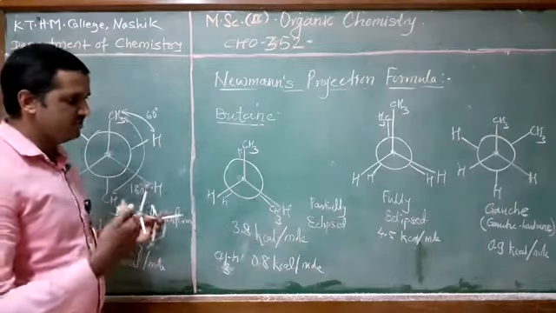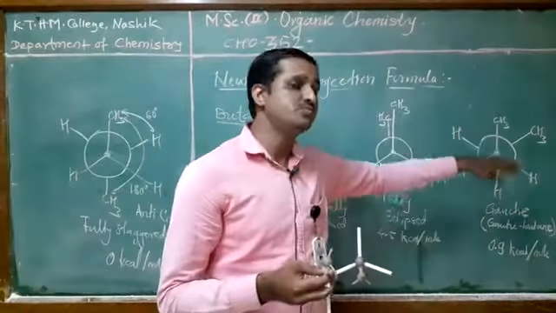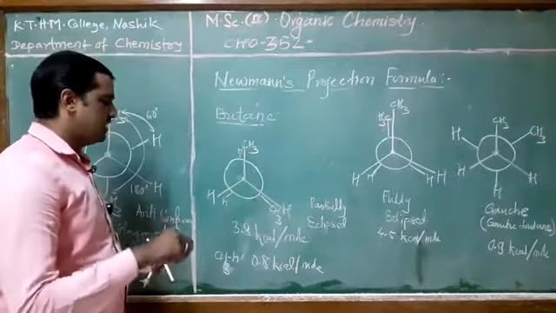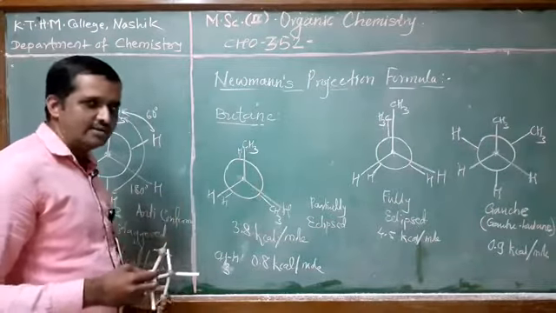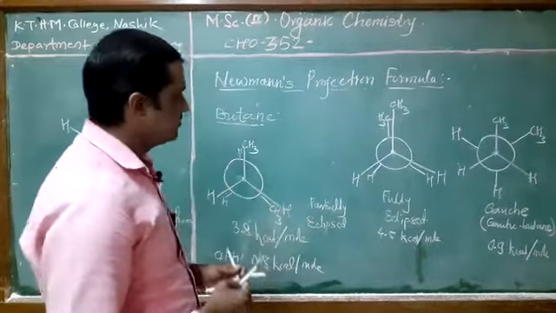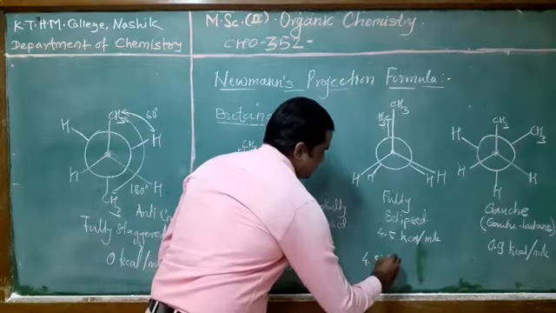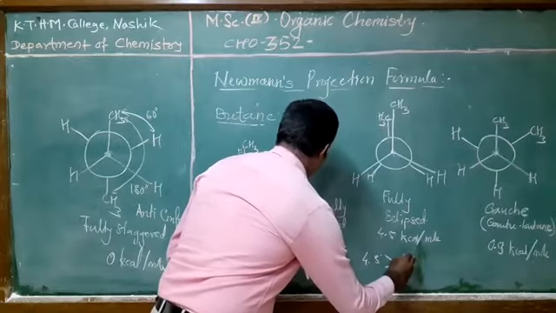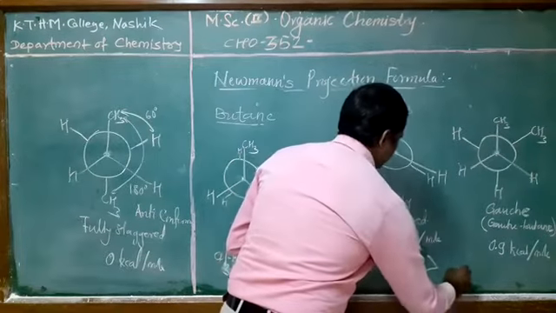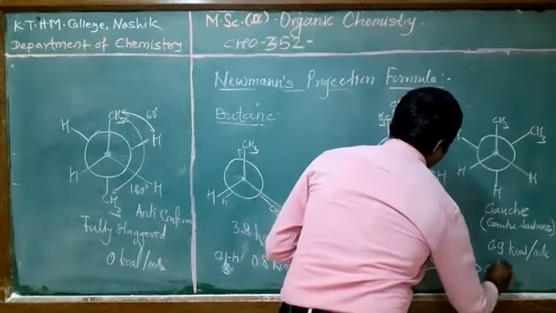Then after the fully staggered conformation, another more stable conformation is the gauche conformation, and after that the third one is partially eclipse, and the highly unstable conformation is the fully eclipse conformation, because the energy content decreases from 4.5 to 3.8, then 0.9, after that 0 kilocalorie per mole.